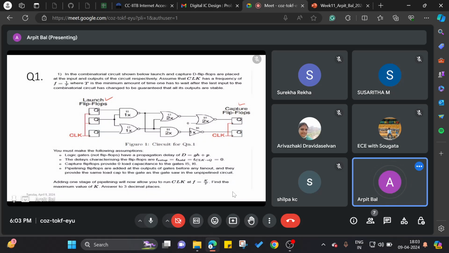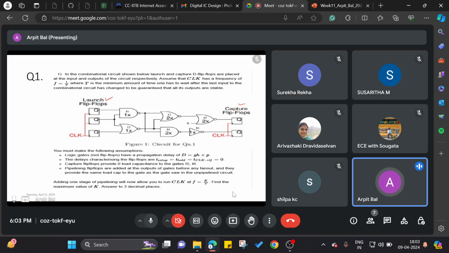Capture flip-flops provide zero load capacitance to the gates I5 and I6. And pipelining flip-flops are added at the output of the gate before any fan out. And they provide the same load cap to the gate as the gate saw in the unpipelined circuit.